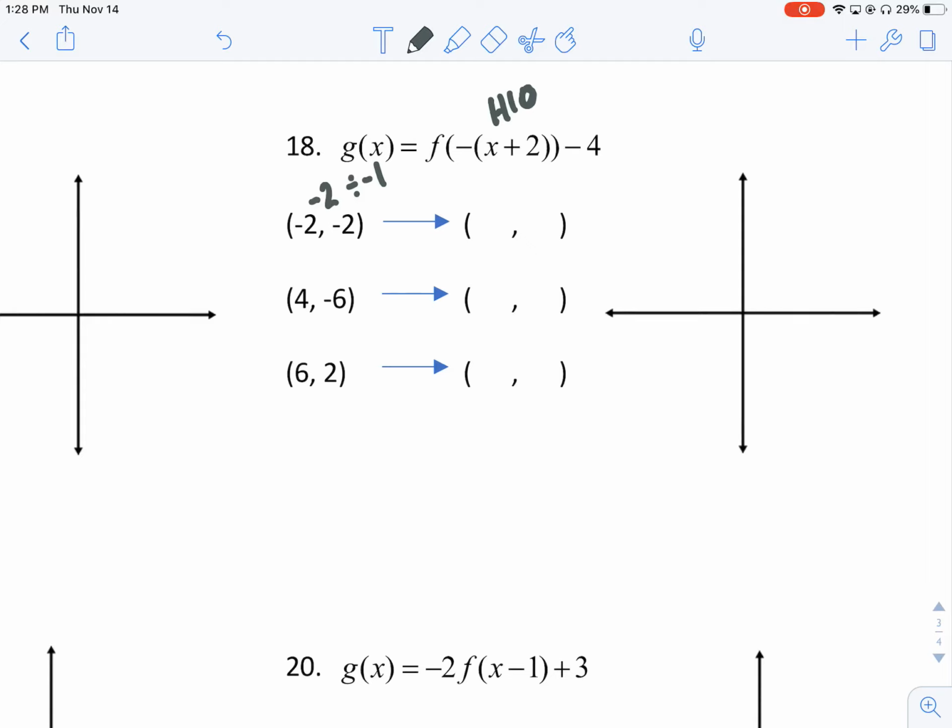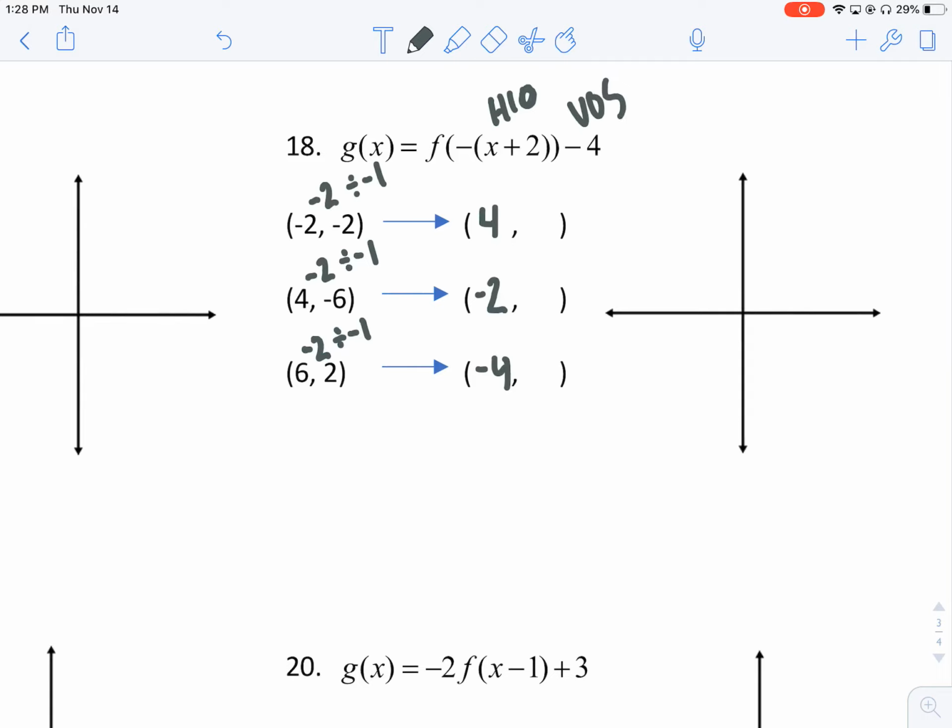So each x is going to subtract 2 and then divide by negative 1. Negative 2 minus 2 is negative 4. Divide by negative 1 is positive 4. 4 minus 2 is 2. Divide by negative 1 is negative 2. And then 6 minus 2 is 4. Divide by negative 1, you get negative 4. So there's all your new x's.